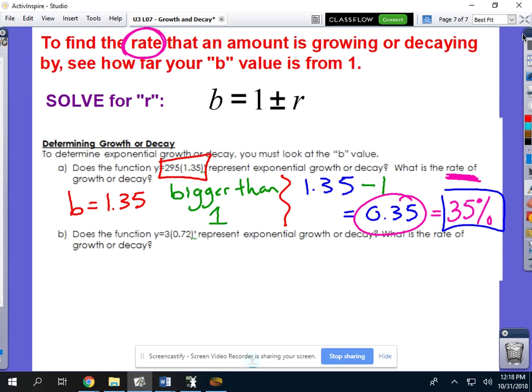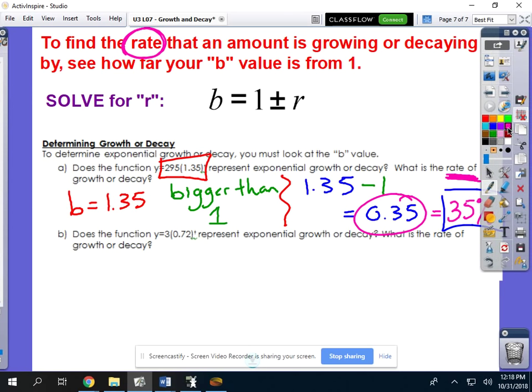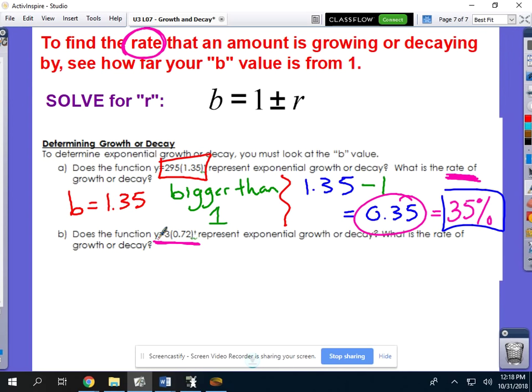When it gets tricky is when it's a decay problem. So when it's a decay problem, let's take a look at this one. Our function here is y equals 3 times 0.72 raised to the t power. So hopefully you're already going, okay, b is 0.72.